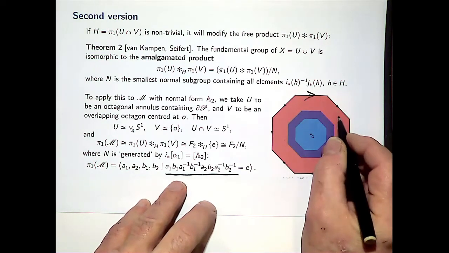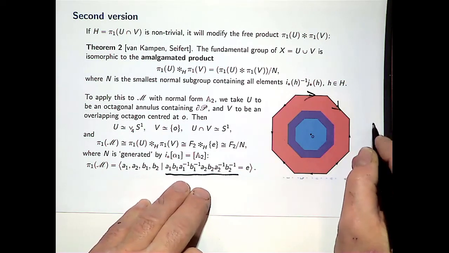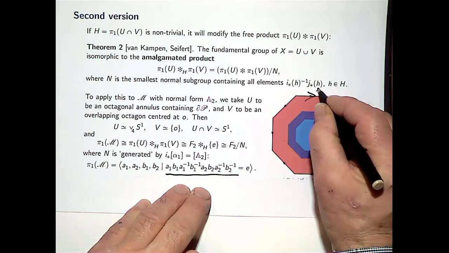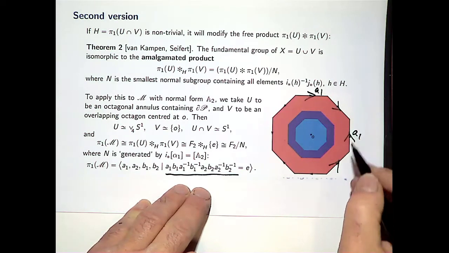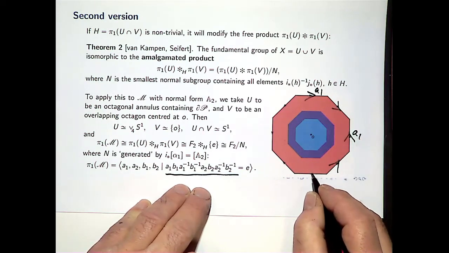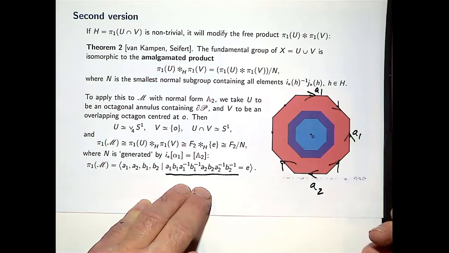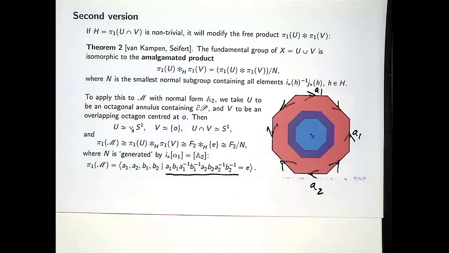We have A1, B1, A1 inverse, B1 inverse, then we have A2, B2, A2 inverse, B2 inverse. That's the way.